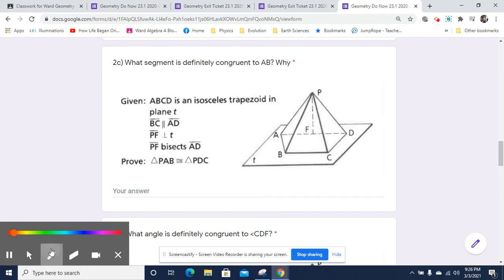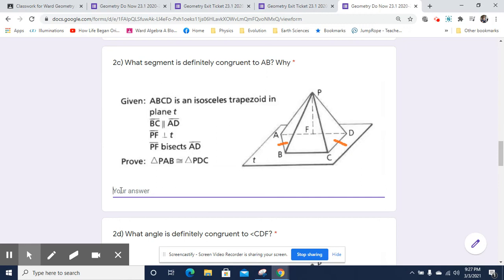So AB is going to be congruent to CD, because that's the definition of legs of an isosceles trapezoid. So AB is congruent to CD by definition of an isosceles trapezoid.